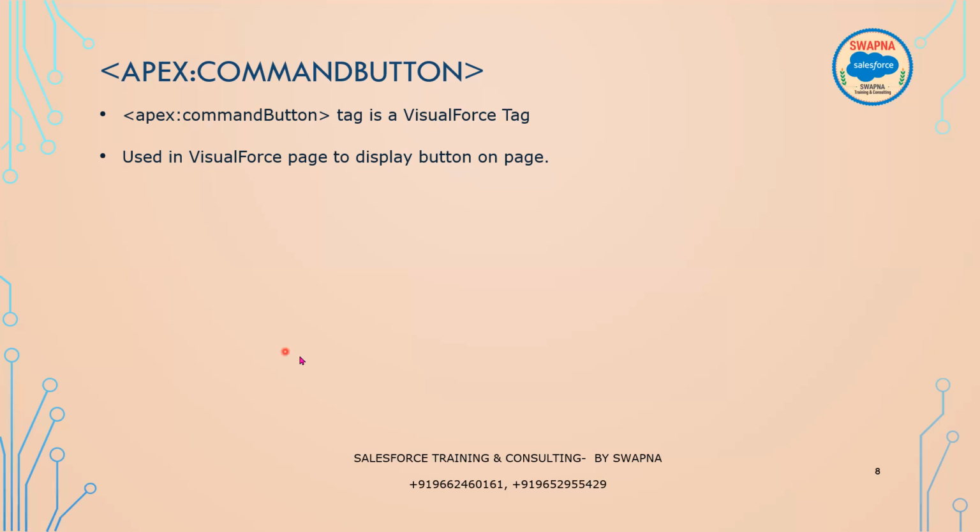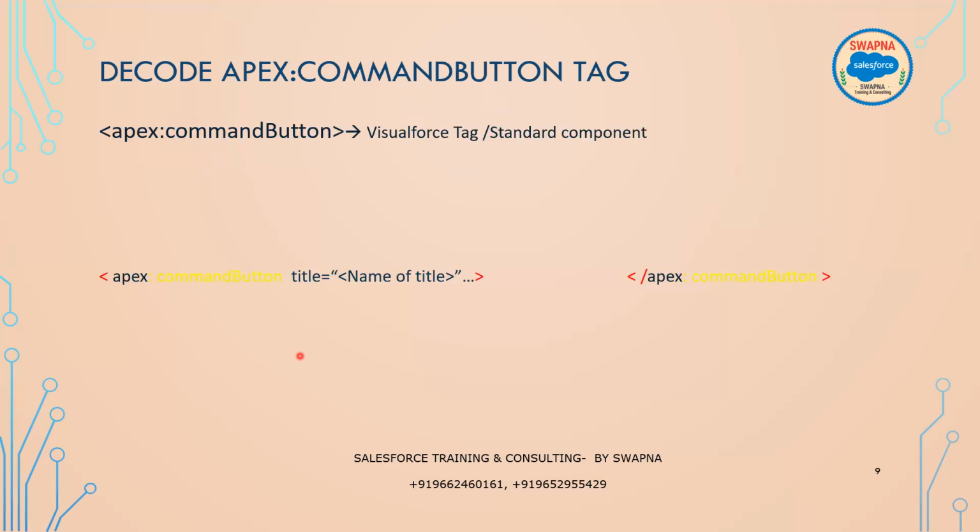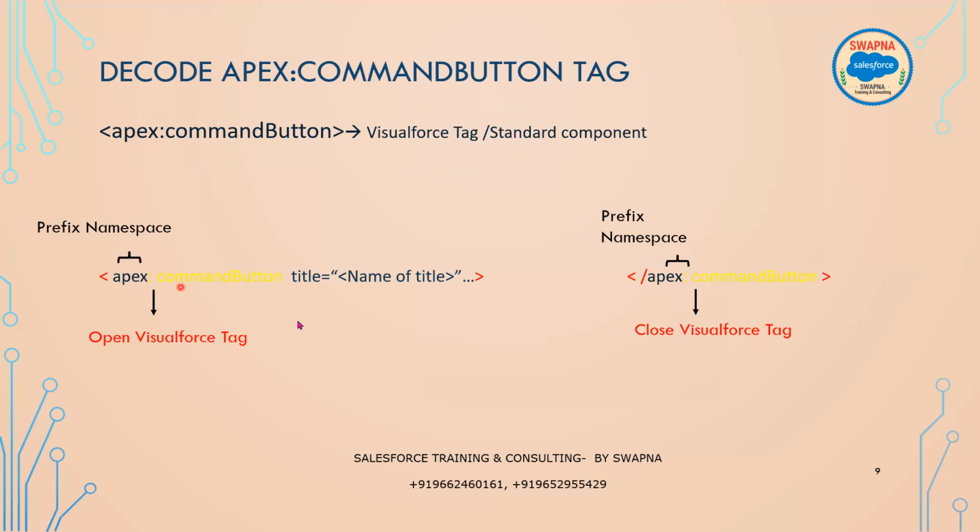Okay. Now the decoding of the command button: we have an open command button and close of the command button. Open Visual Force tag, close Visual Force tag. Within that we have the prefix namespace before the colon, and the command button, which is called the component name.